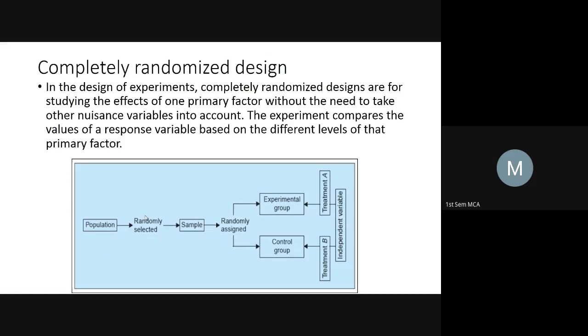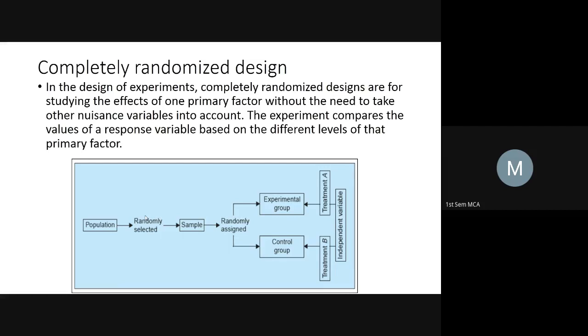In engineering and computer science, experimental design is called design of experiments, and in social sciences, we call it experimental design. It studies the effects of one primary factor without the need for other variables to be taken into account, and compares the value of the response variable based on different levels of that primary factor.